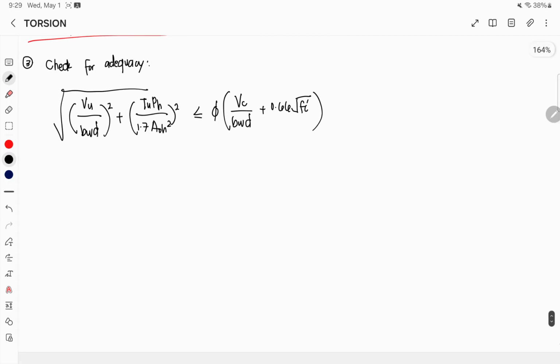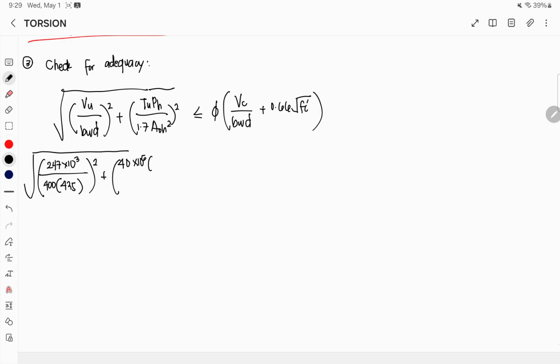Unahin natin itong may square root. For the square root of VU, meron tayong 247 times 10 raised to 3. BW, 400. For the D, 435 squared. For TU, meron tayong 40 times 10 raised to 6.